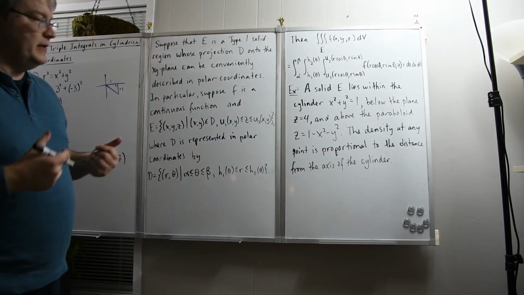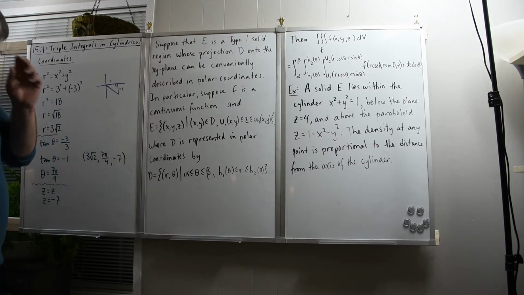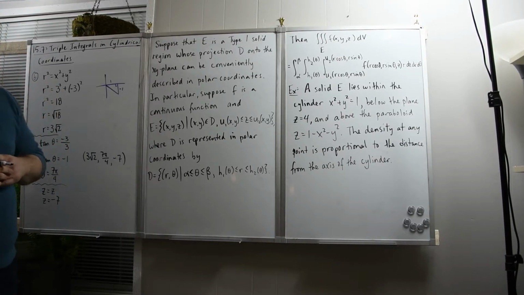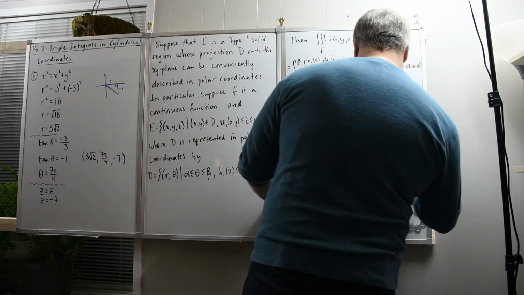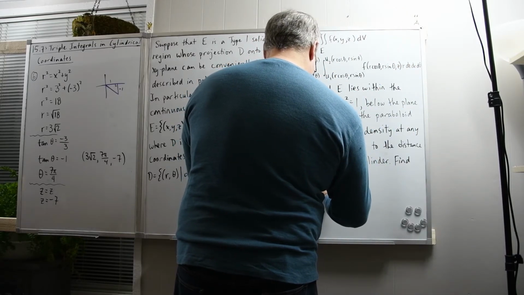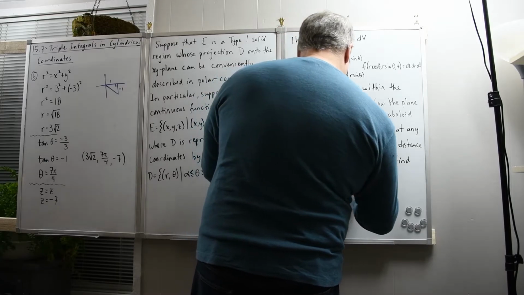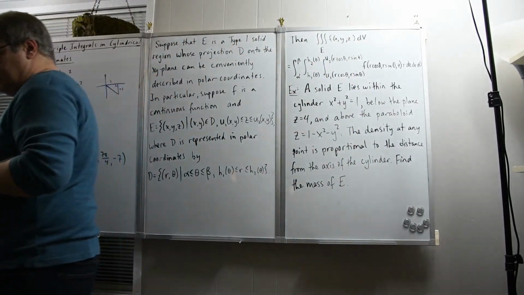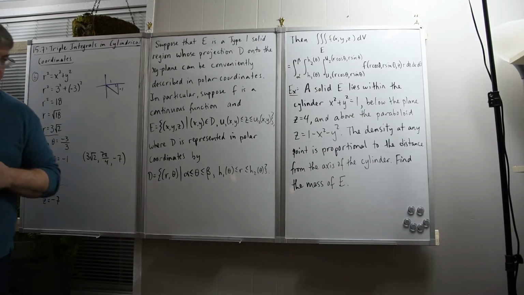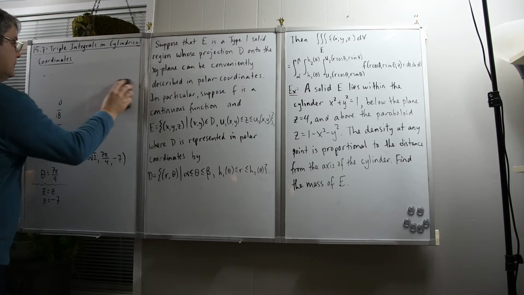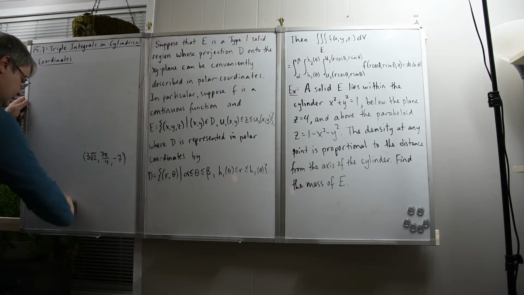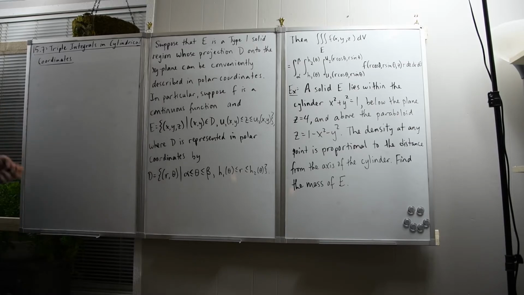So given some point that's in the solid, you're going to want to measure the distance that point is from the z-axis. Our goal here is to find the mass of this solid E. So to do that, we're going to have to figure out the triple integral over E of our density function. And I'd like to get an idea of what this solid looks like.